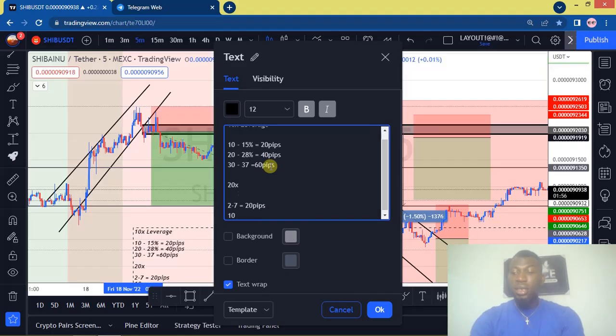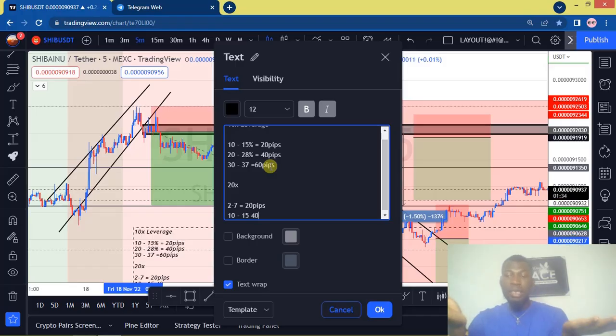Then you now have 10 to 15%, which is about 40 pips. As you can see here, 10 to 15% on 10x is 20 pips, but on 20x, 10 to 15% is 40 pips.